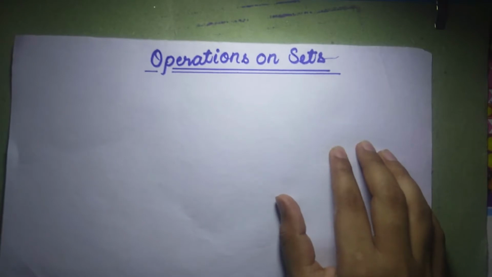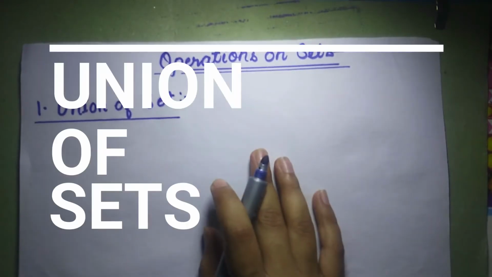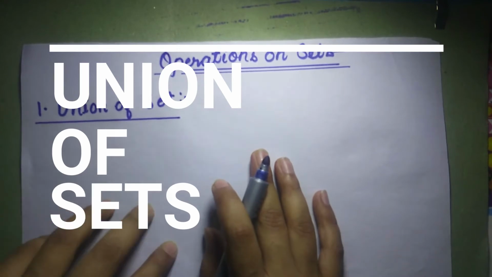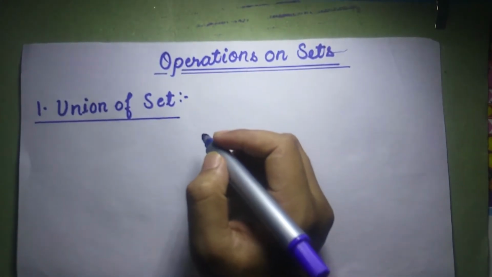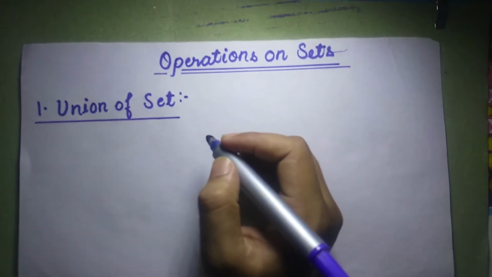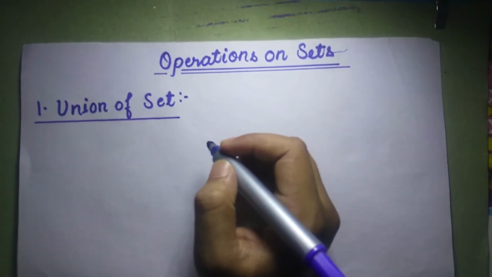Let's talk about it. So the first one is union of sets. In this, we combine two or more sets into a single set, so it is called union of sets.